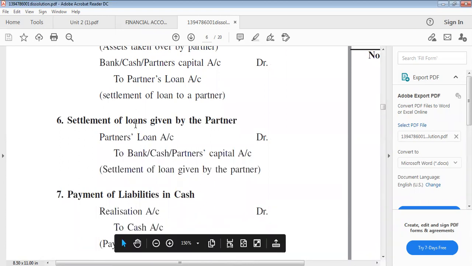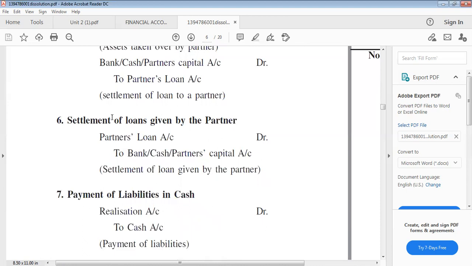Next, look at settlement of loans given by the partner. All right. In this case, you debit the partner's loan account. Then you would credit the bank, cash, or partner's capital account, depending on where the money is coming from.